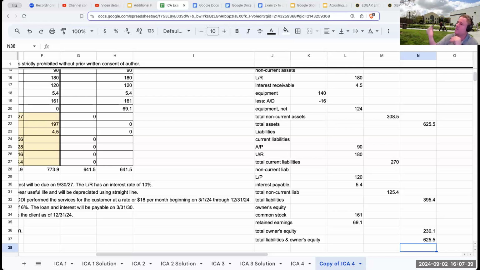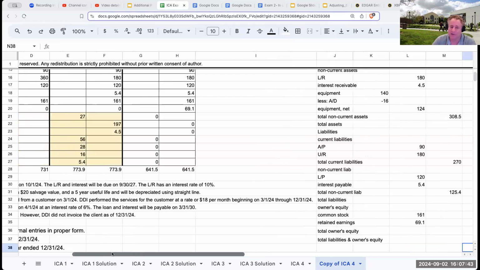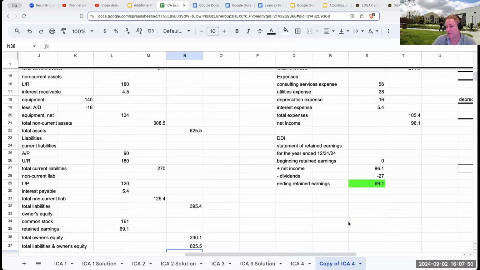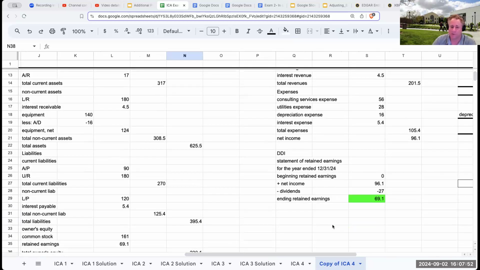When you take intermediate accounting, the first thing I do is give my students an exam like this and ask, do you know how to record transactions? Do you know how to prepare financial statements? All I can tell you is that the more you practice, the better off you're going to be in the future.